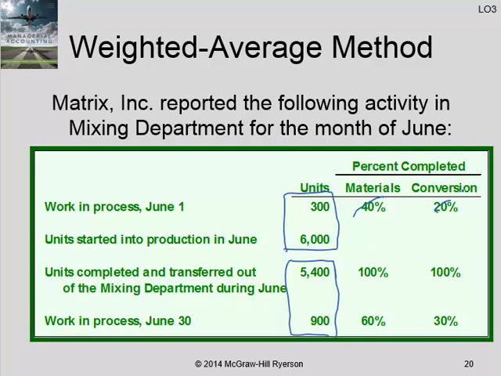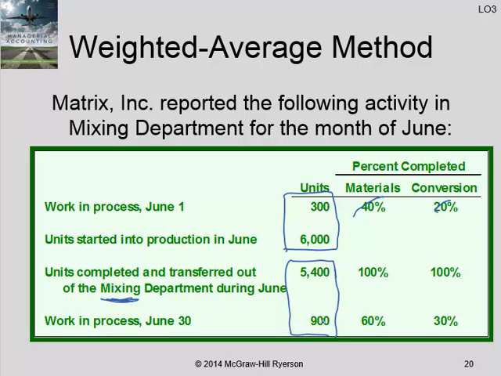But when we look at the 5,400 physical units completed and transferred out, how many equivalent units are we talking about? Well, they're 100% complete, and they have to be if we're going to transfer them out. This is 100% complete with respect to this mixing department. They'll be 0% complete with respect to the next downstream department, but that's okay.